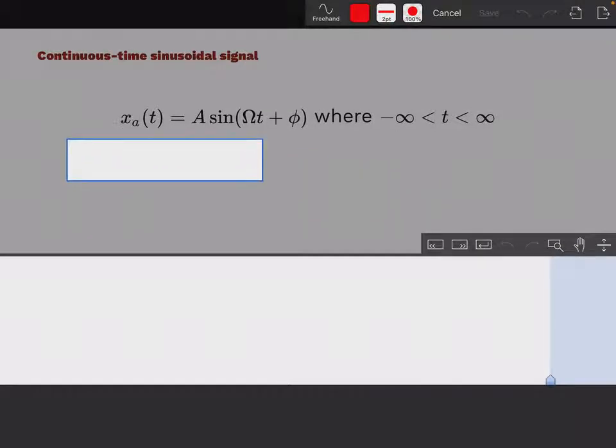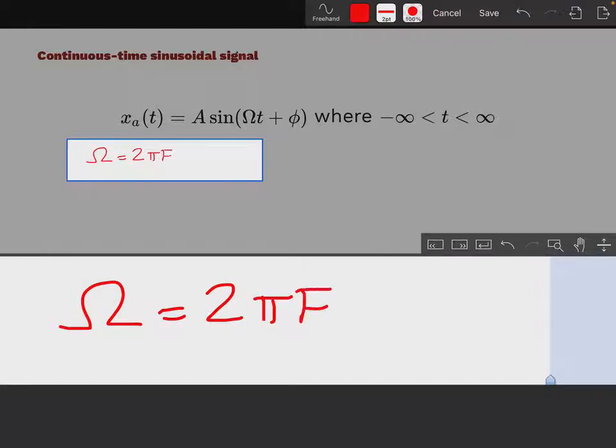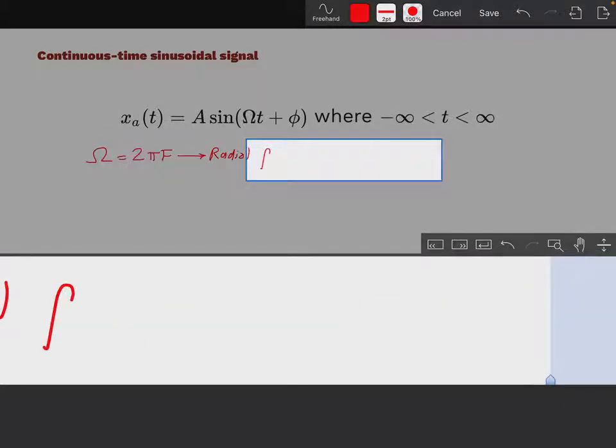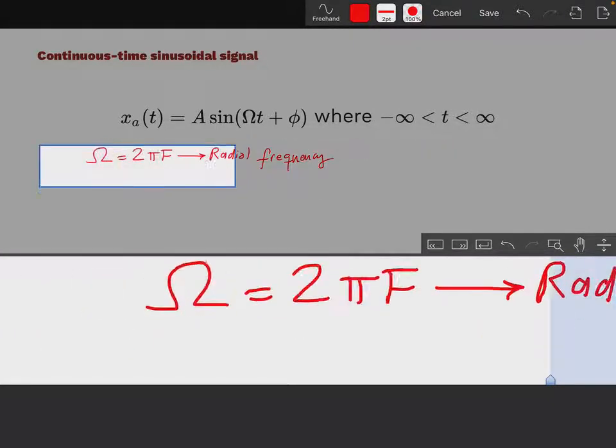The first quantity that we need to define is capital omega. It is equal to 2πF, where F is the frequency. This is called the radial frequency. Okay, so far so good.